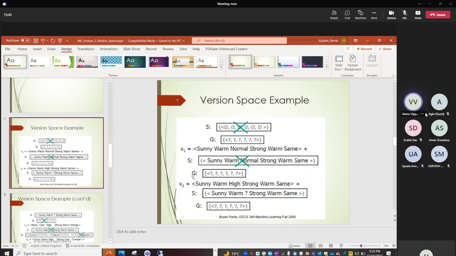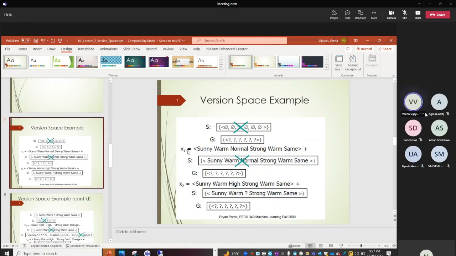So when we check the first one against the specific case, specific is all null. It doesn't match with this instance. If you take sunny, warm, normal, it is not matching with null. Just take the specific case. None of this will match. So we have to replace the specific case with this one.